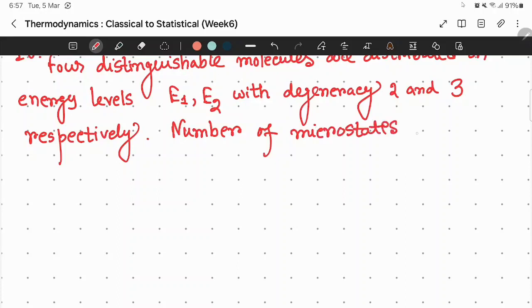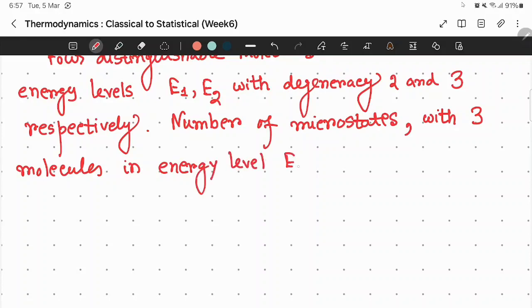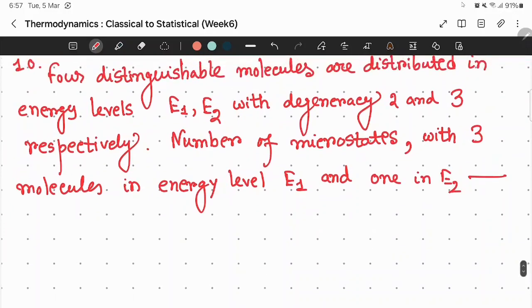The number of microstates is the same type of question. 3 molecules in energy level E1 and 1 in E2. We have to find out. So same type of question.